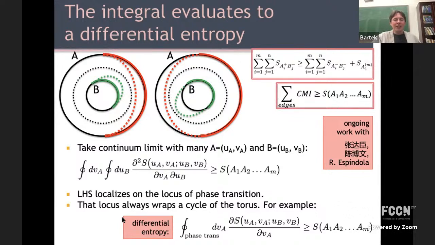Regardless of that, this larger two-dimensional integral always localizes onto the locus of phase transition. It's a codimension one locus. Therefore, it really becomes a single-dimensional integral, which turns out to simplify in this fashion. And then we say, that's actually differential entropy. And so this guy equals a differential entropy.